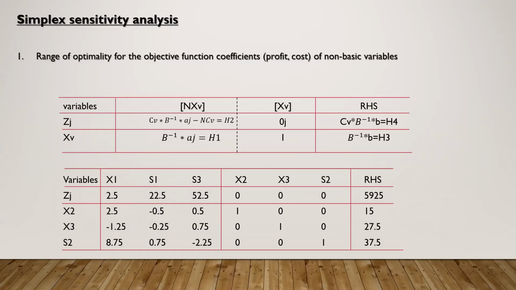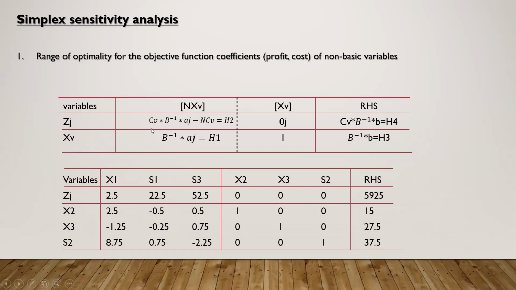So this is the general formula. You can reconstruct the whole simplex matrices in any iteration, but this one is the optimal. For example, you can reconstruct the same matrices for the first iteration, but this time the values for CV, B, AJ and NCV will be changed.